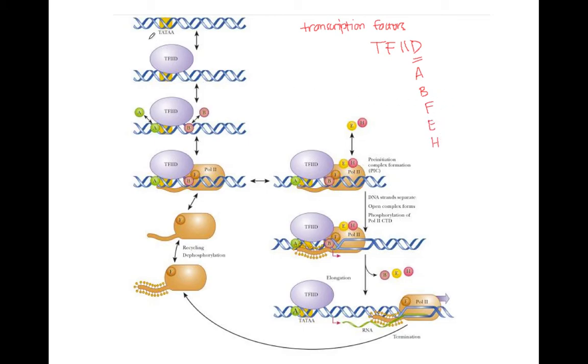As in, if you have your DNA, and this is the Tata box, the Tata box is recognized by TF2D. TF2D has a subunit called TBP, as in the Tata box binding protein.